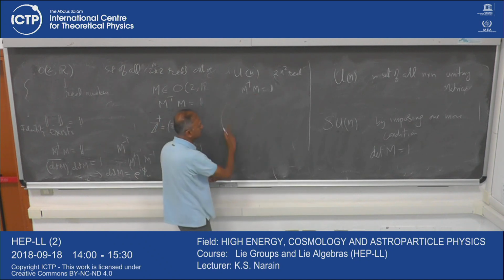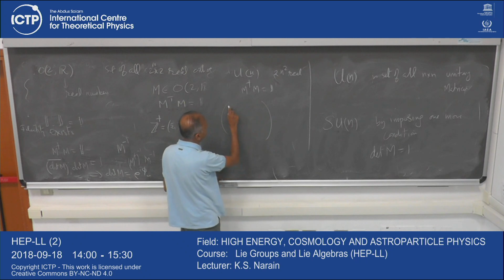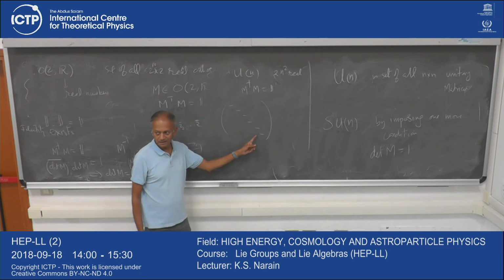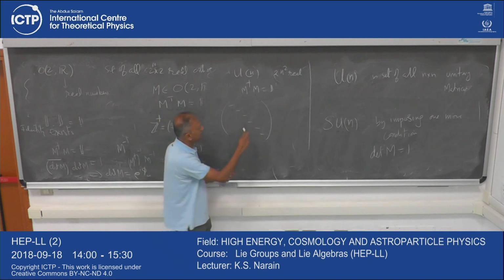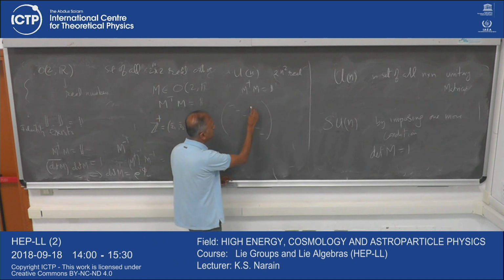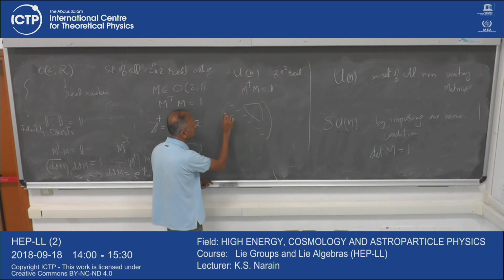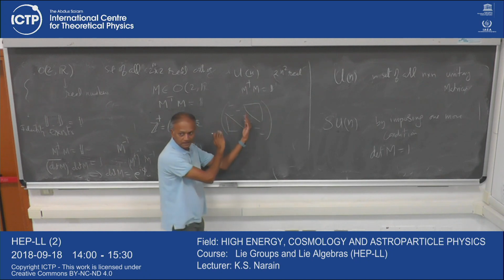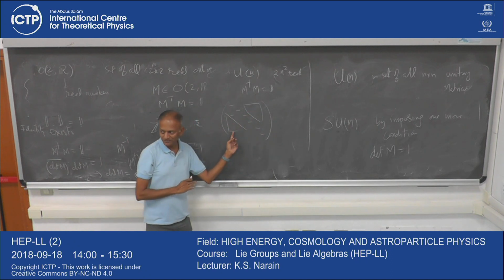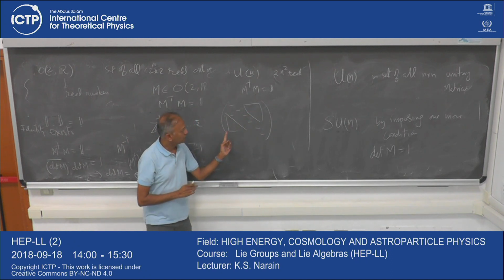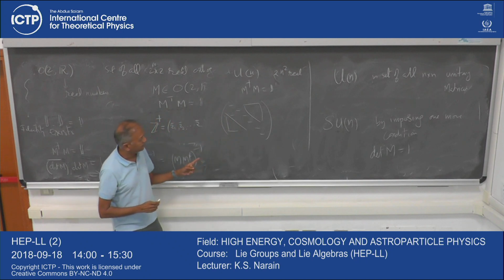So what is a Hermitian? It means the diagonal must be real, and this triangular part will be the same as this triangular part, transposed, but complex conjugated. So you see how many independent equations we have.